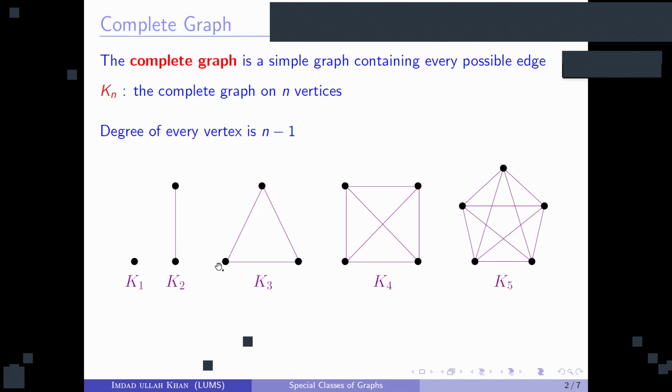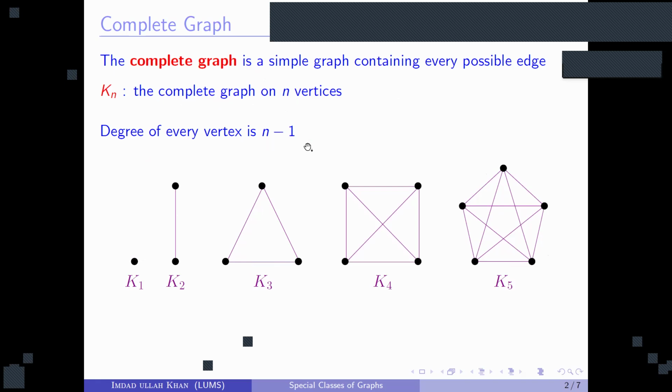But in a graph of 3 vertices, every vertex is connected with every other vertex. Think of K5: it makes up a star and a cycle around that star, which means every vertex is connected with every other vertex. We call it a complete graph and use the notation Kn.